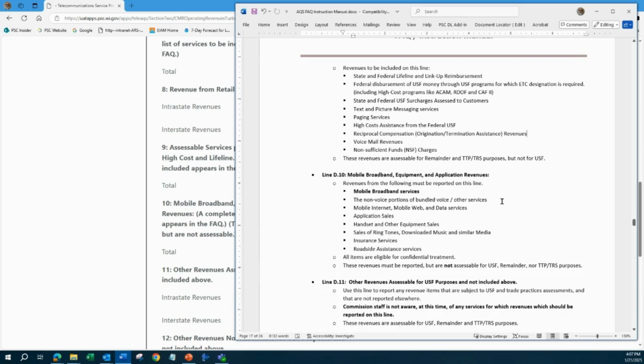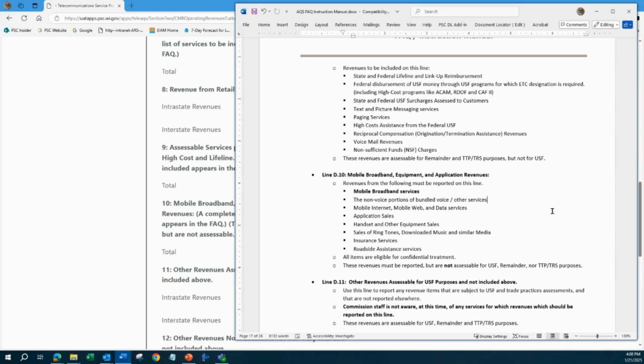And then line D10 is mobile broadband, including the portion of bundled service revenues that is not voice. So if you're charging, say, $80 per month for a service that includes voice, video, data, and other nice things, and you end up saying 25% of that is voice, then $20 will be in line 1, and the rest of that sale will be in this line.